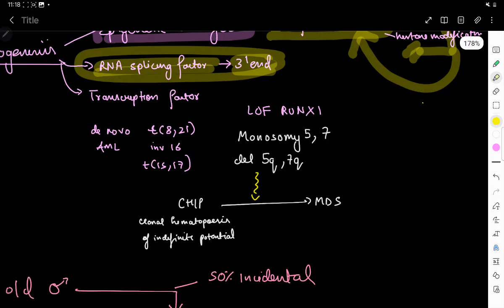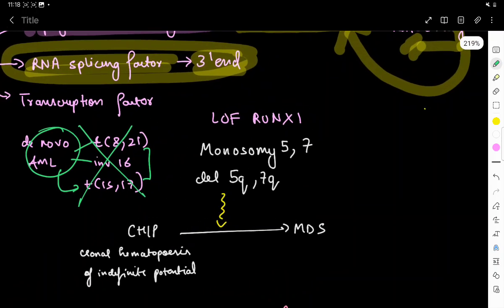What is another peculiar thing is in AML, that is de novo AML, we see translocation 8;21, inversion 16 and translocation 15;17, but this is not seen in case of MDS, meaning you will not see any of these mutations in MDS alone.